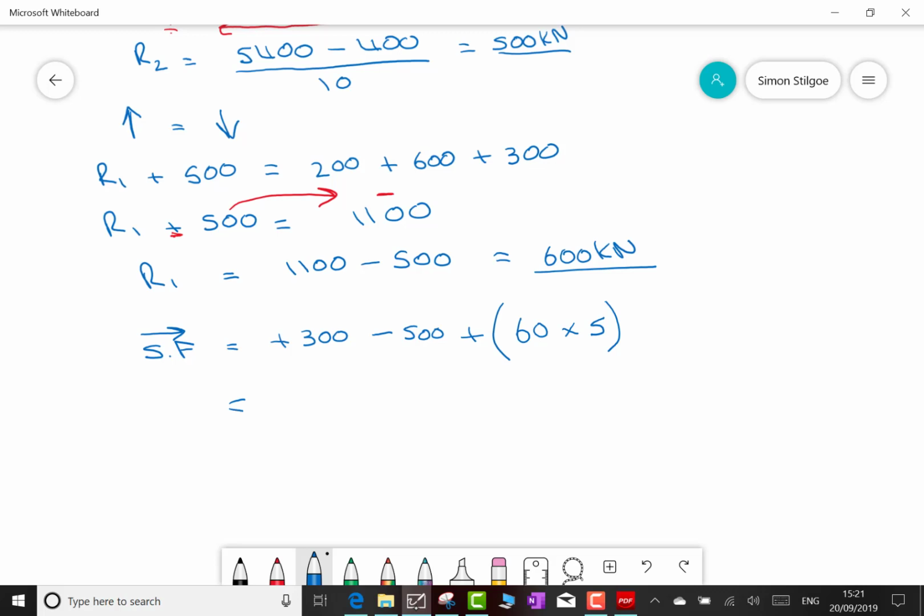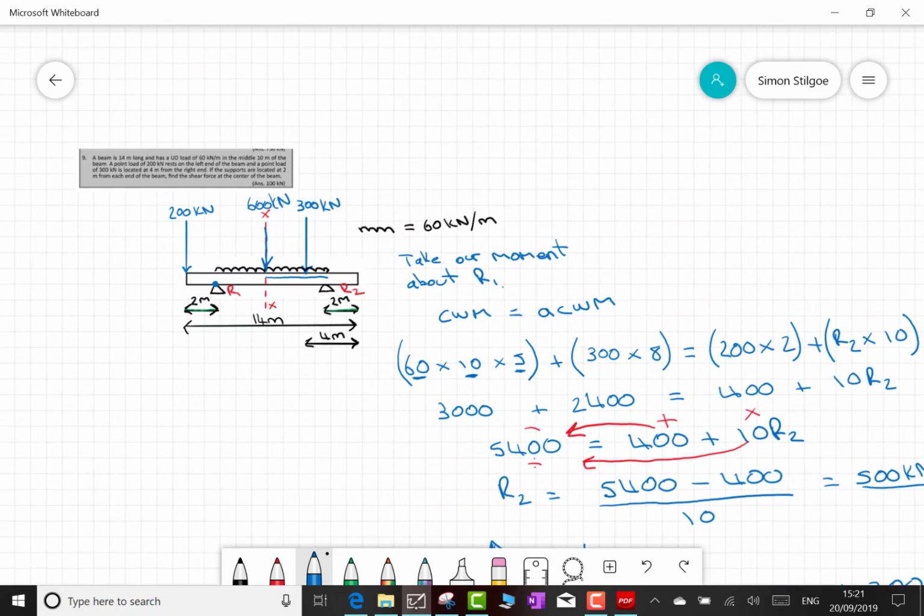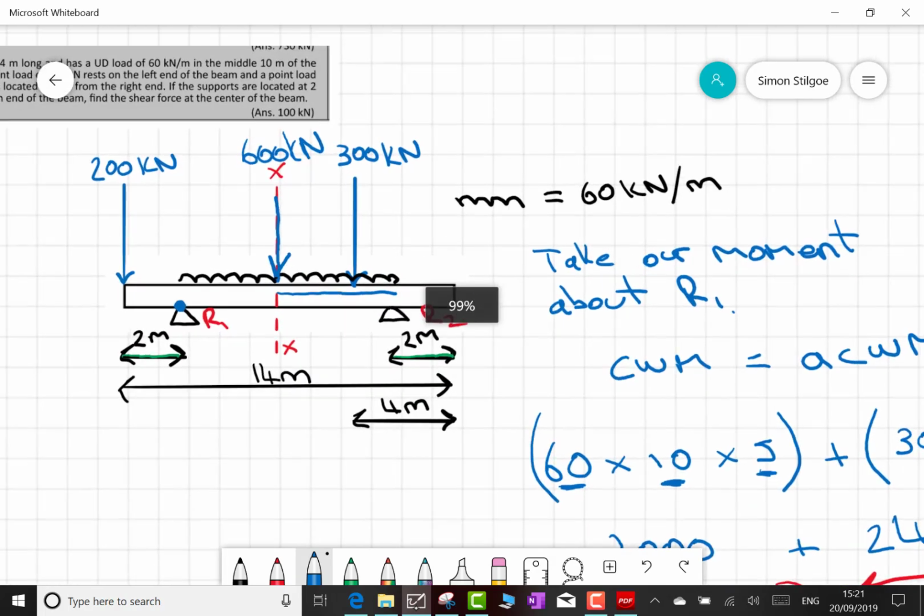So, simplifying this down, 300 minus 500 is minus 200, plus 60 times 5, which is 300. That now gives me minus 200 plus 300, which gives plus 100 kilonewtons for my shear force to the right of section XX.